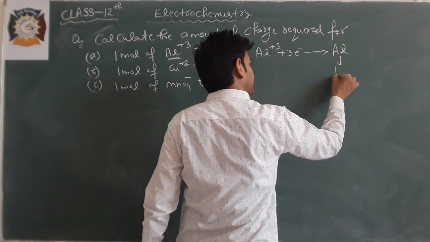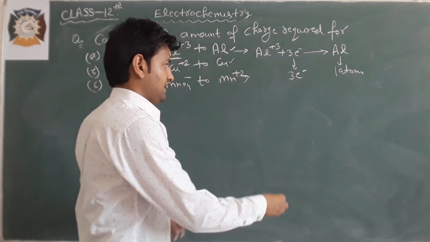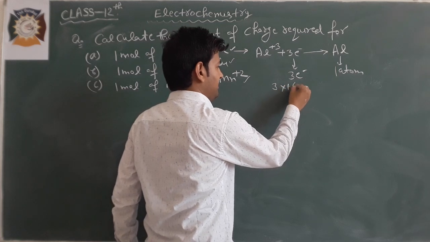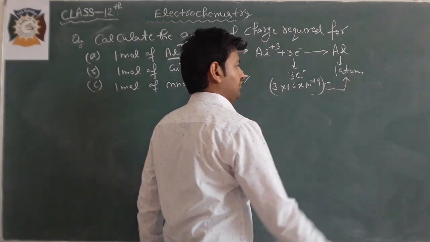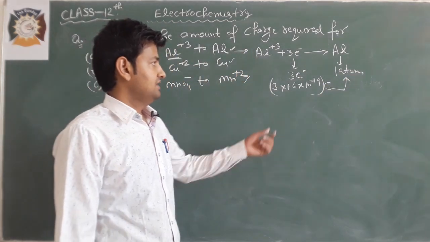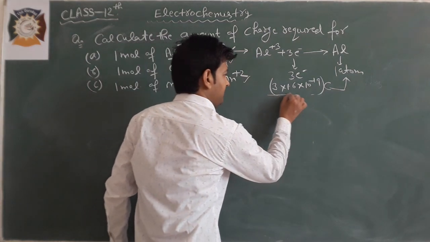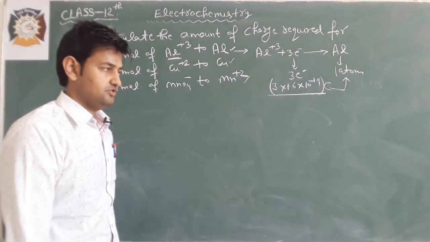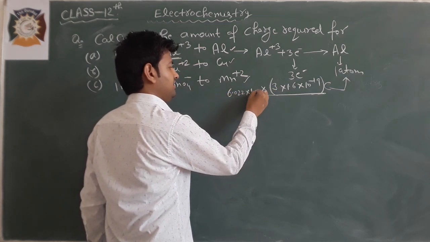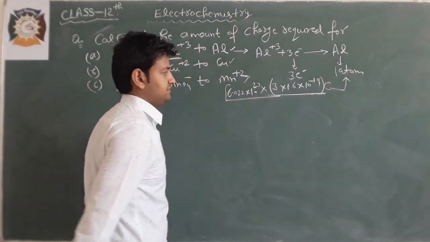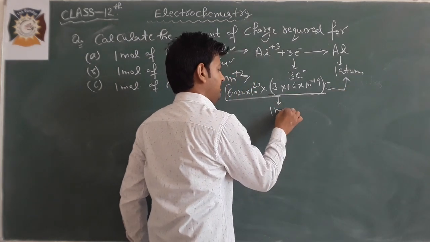For 1 atom of aluminium, there is a requirement of 3 electrons, so the charge is 3 × 1.6 × 10 to the power minus 19 coulomb. That much charge is required for 1 atom. For 1 mole of aluminium, we multiply it by the Avogadro number, 6.02 × 10 to the power 23. This is the amount of charge required for the deposition of 1 mole of aluminium.